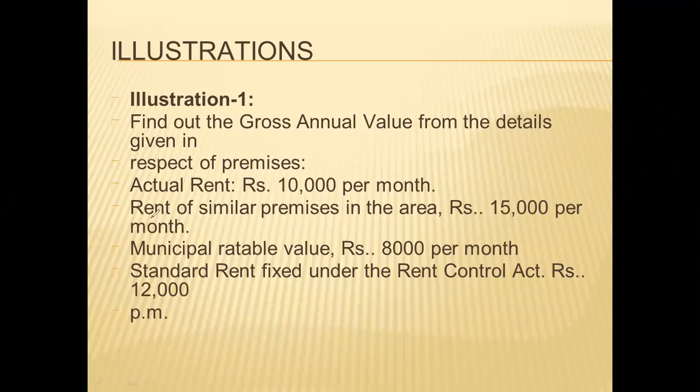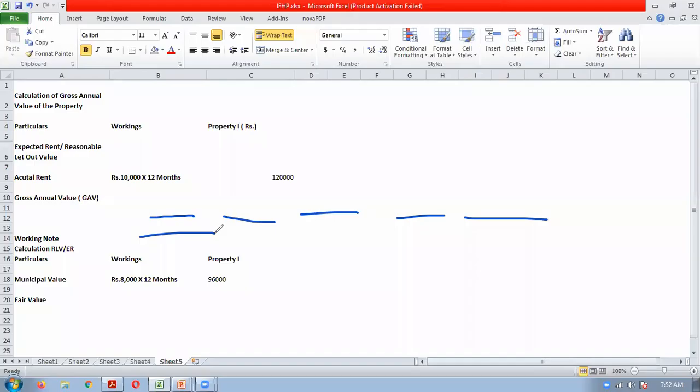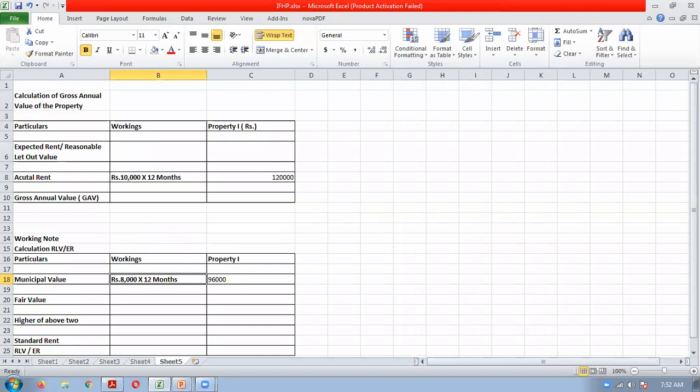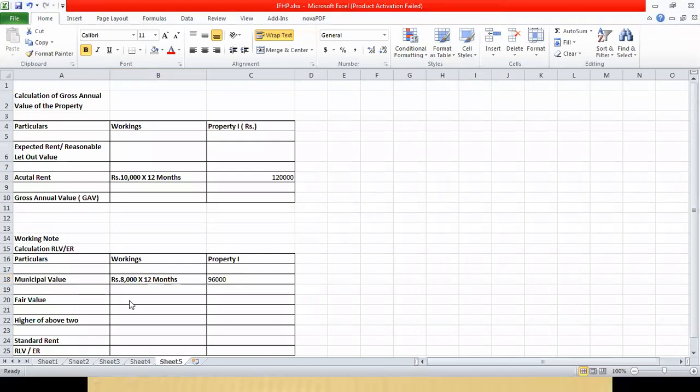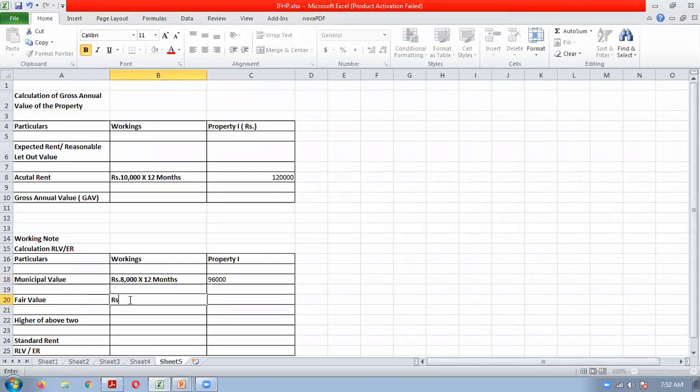Fair rent, how can we calculate? Rent of similar premises in the area, rupees 15,000 per month. So this will be the standard, fair rent. Fair rent is how much? Rupees 15,000 into 12 months. So 15,000 into 12, 1,80,000 will be the fair rent.